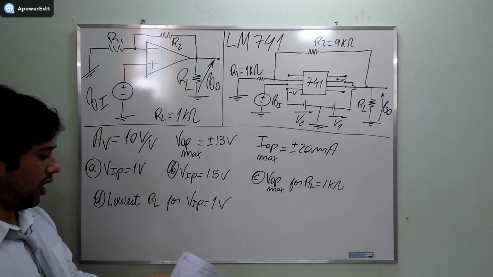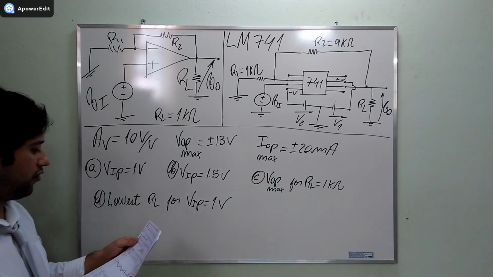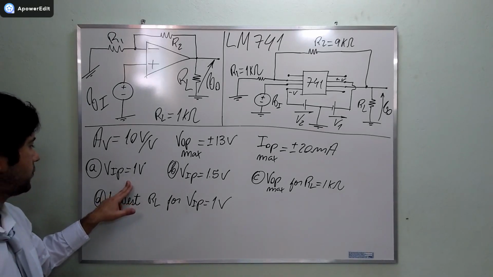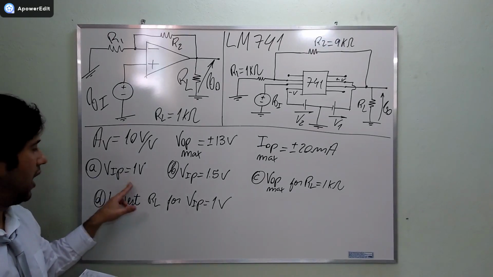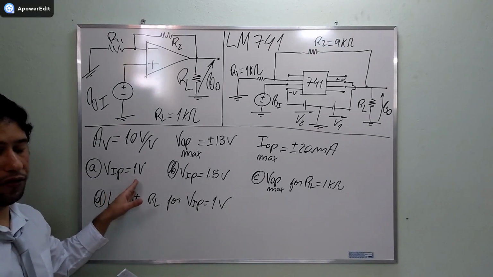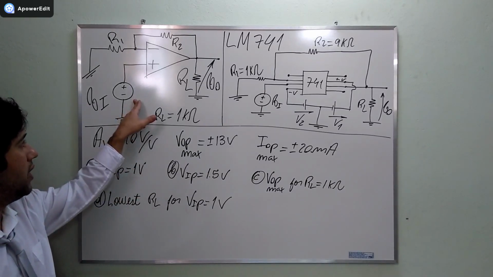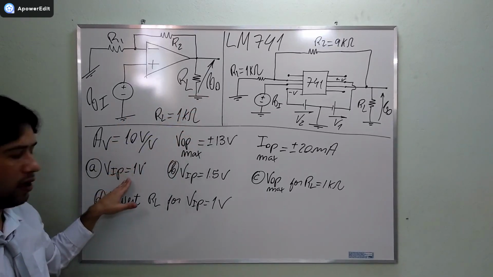With this, the questions are: letter A, specify the output for an input of 1 volt peak. I'm going to have a sine wave of 1 volt peak at the input, and we want to specify the output for this input.